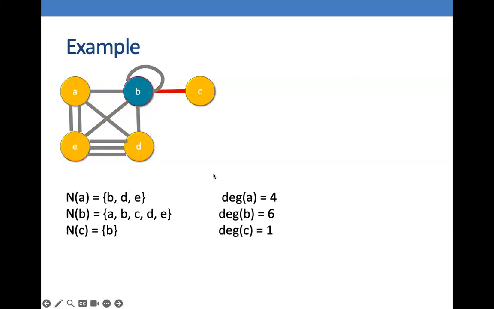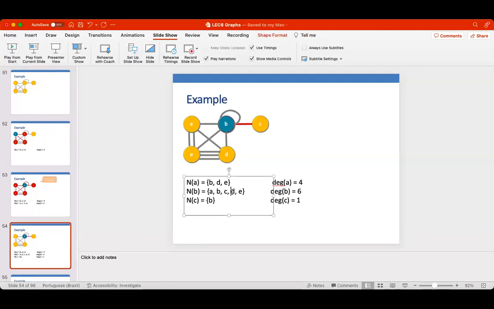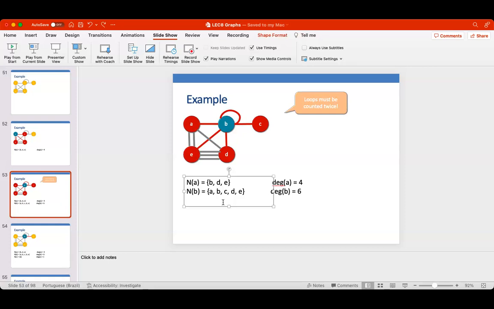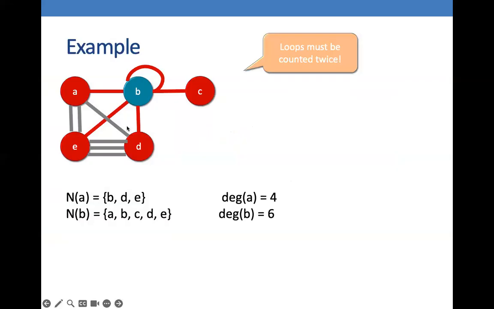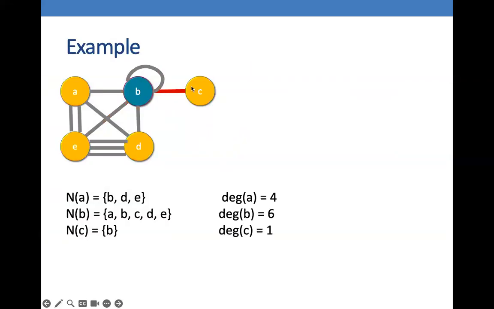Let me just correct this. So now for C, C is connected with B only, and its degree is only 1.